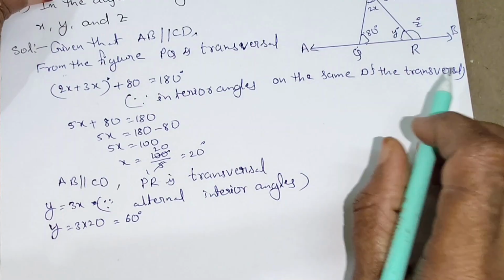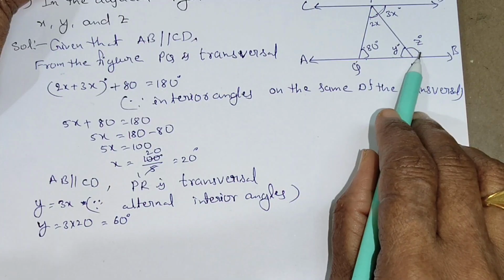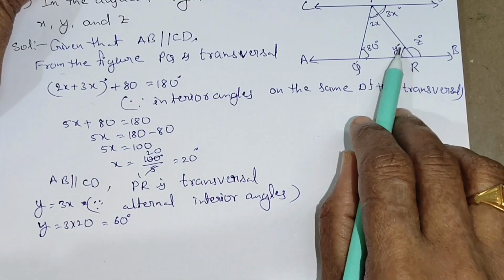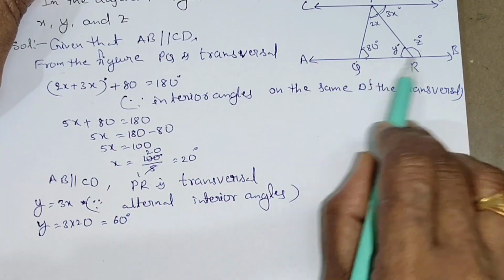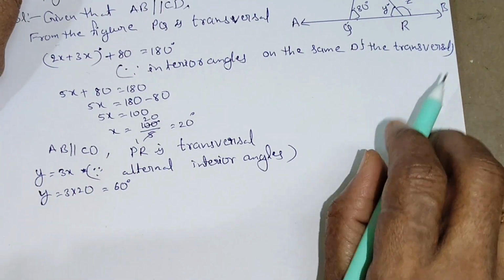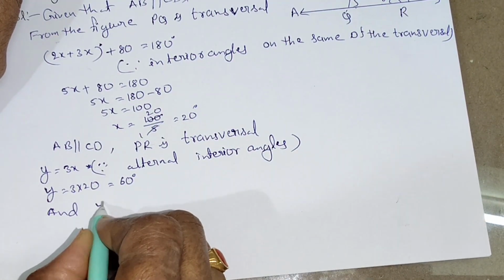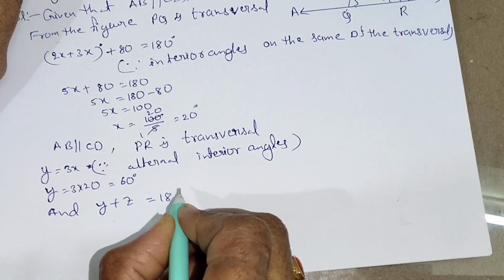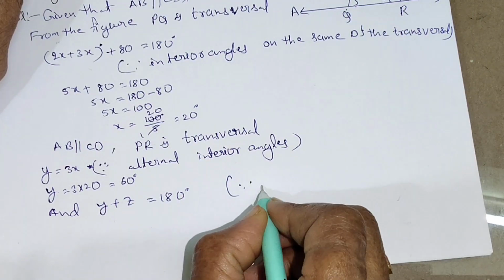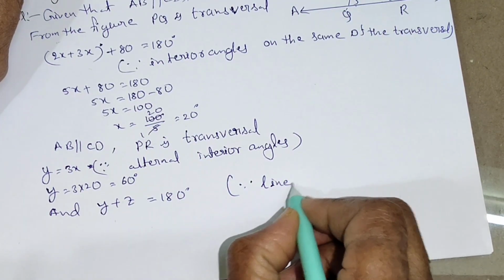Now next, y plus z is a linear pair. y, z sum is equal to 180. This is a straight line, a linear pair of angles. So y plus z is equal to 180 degrees.